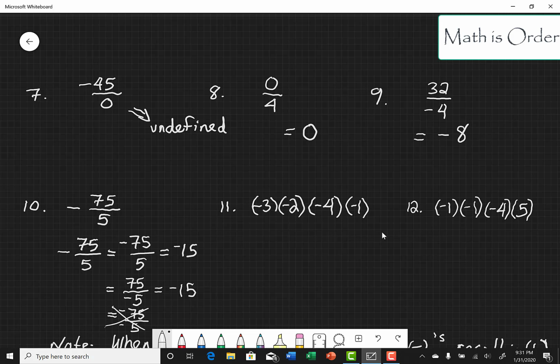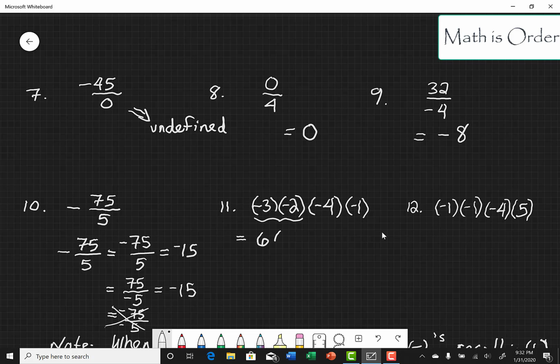All right, moving on to number 11. This time we've got a product of integers. And I would suggest in this case just to take your time and work from left to right and work two integers at a time. So if I want to find the value of this or simplify this, I would multiply the first 2 integers. Negative 3 times negative 2, this will result in a positive.